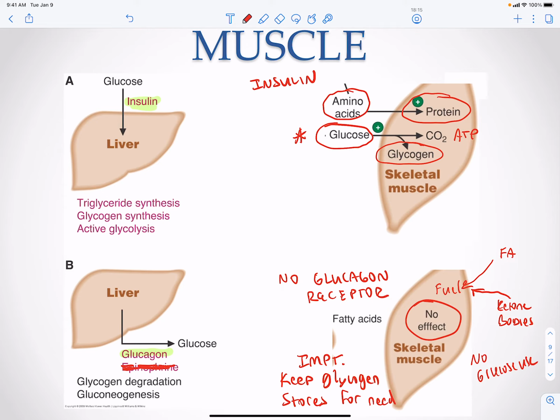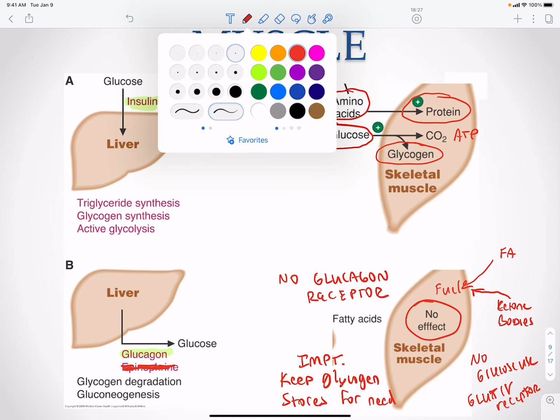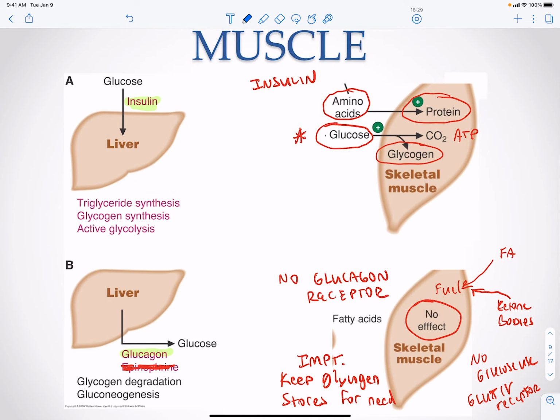And this is because, again, it has that GLUT4 receptor, which is insulin sensitive. And so here, again, pretty straightforward. In the fed state, you are going to take up amino acids and glucose. And in the fasting state, over here, you're going to take up fatty acids and ketone bodies.